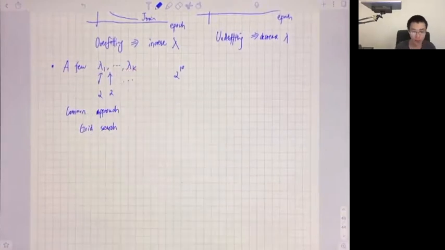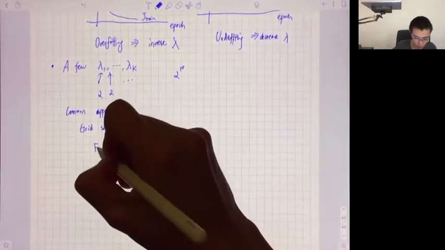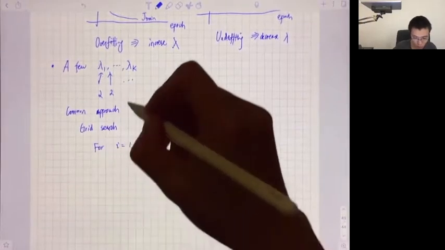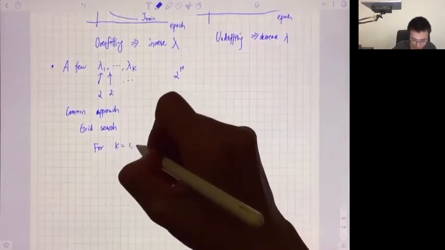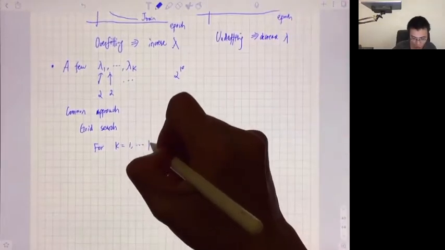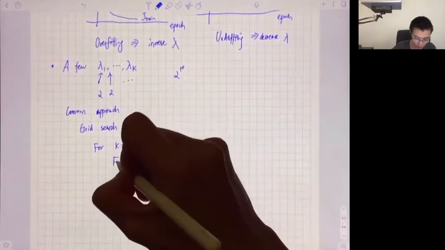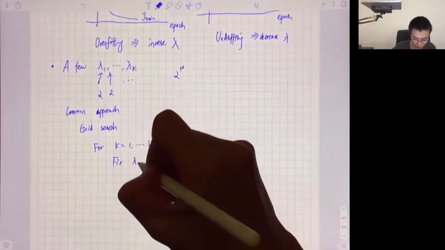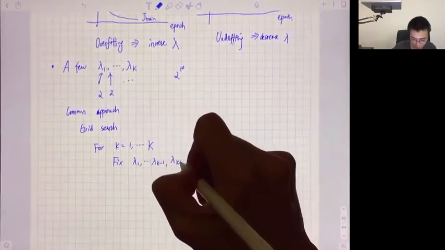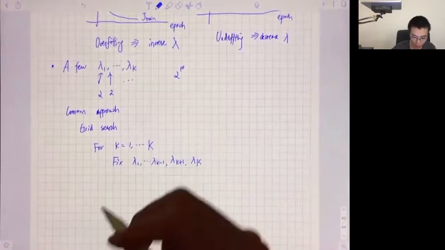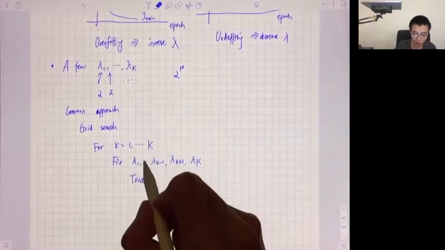Okay, this means for k from 1 up to capital K, fix lambda 1 up to lambda k minus 1, lambda k plus 1 up to lambda capital K, and tune. Now all the other things are fixed, okay?